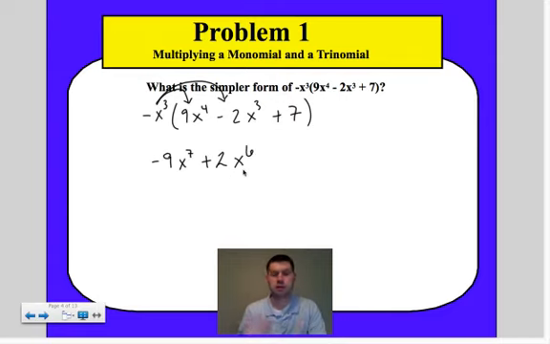So I now get a positive 2x to the 6th power. Then for the last term, negative times 7 gives me a negative 7. And for x cubed, there's no other x's, so it's just x cubed. So right there would be our trinomial after we distribute through with that negative x cubed.